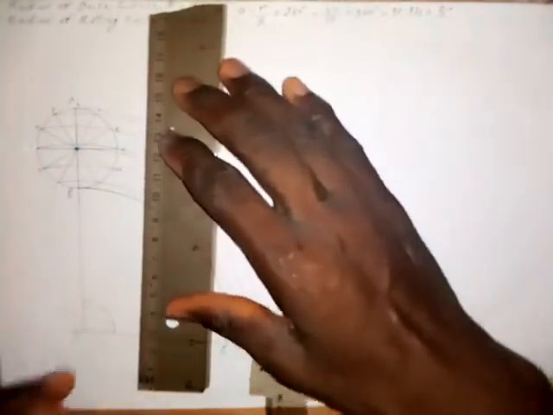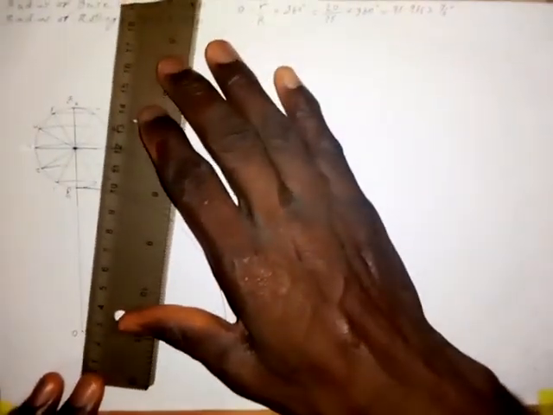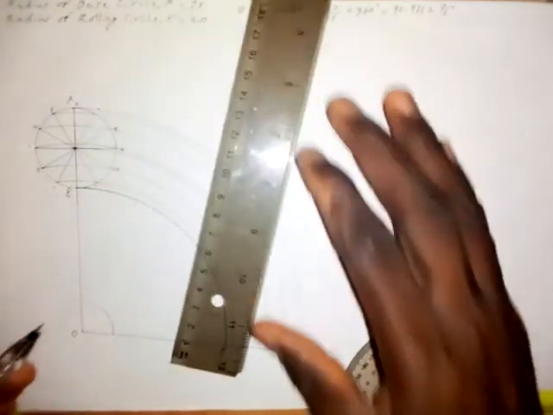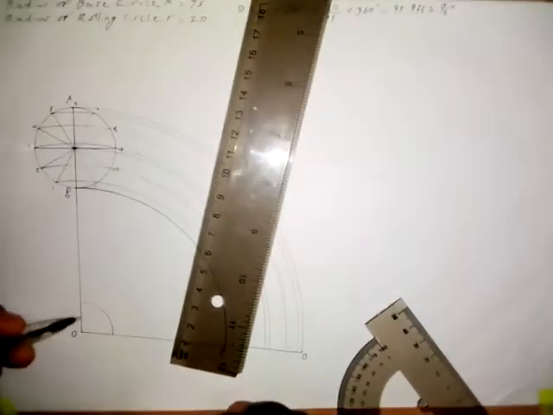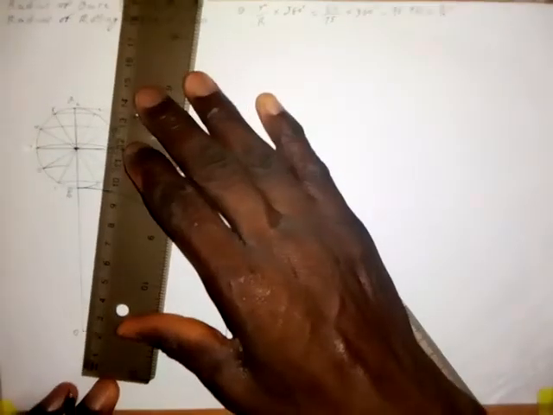You may not be able to see the points, but if you follow what I said, you will get it. From this point O, draw lines through each of these points.